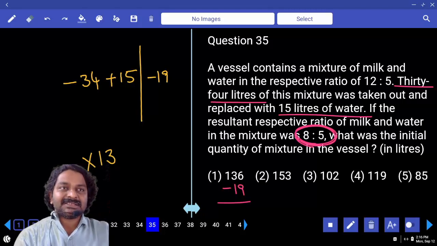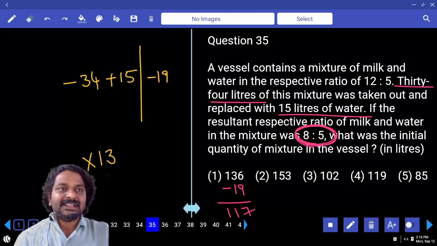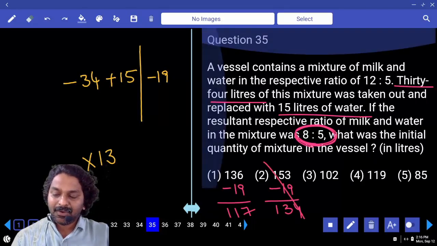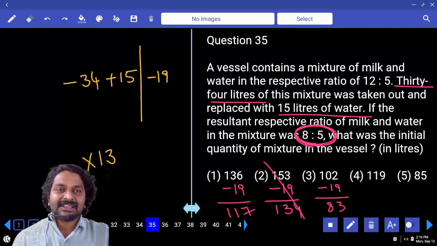First option minus 19. How much is that? 117. Is that a 13 multiple? Yes. Second option minus 19. How much is it? 134. Is it a 13 multiple?